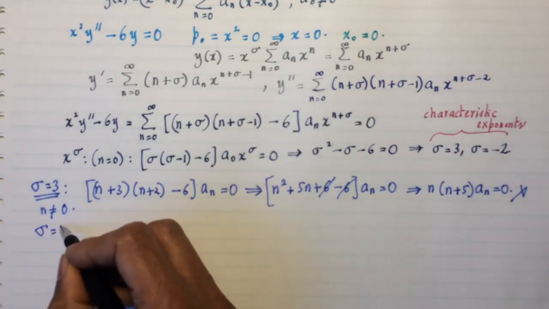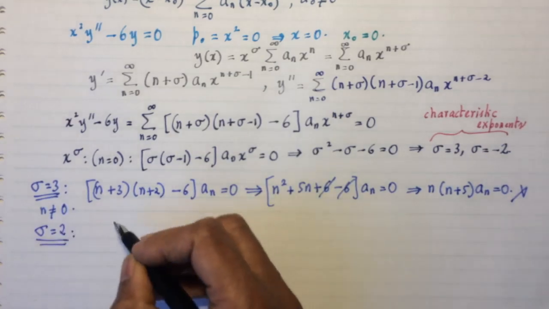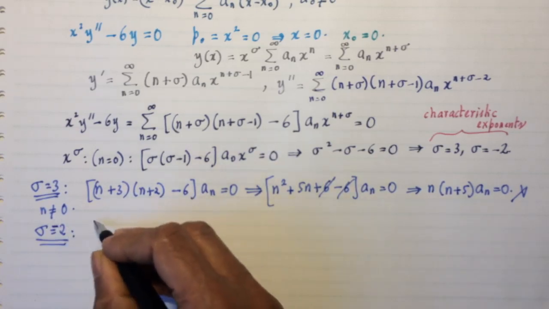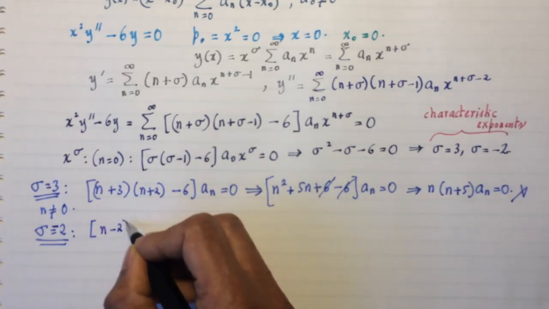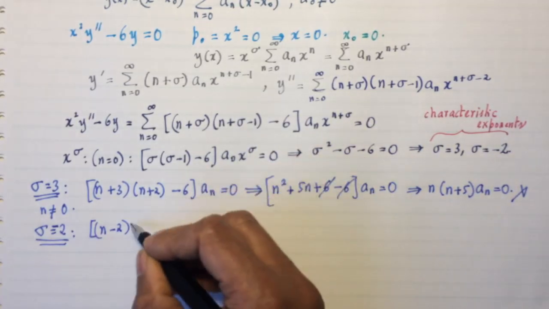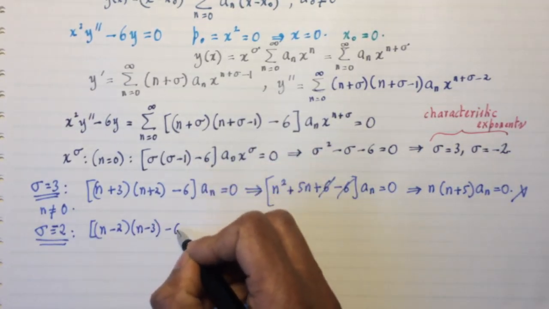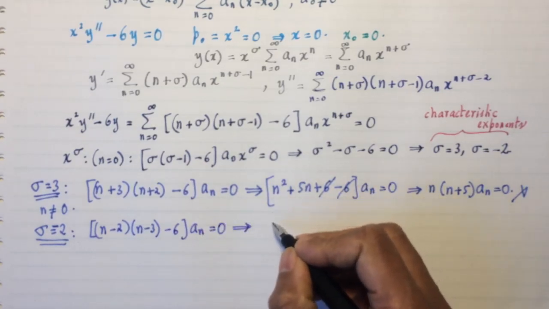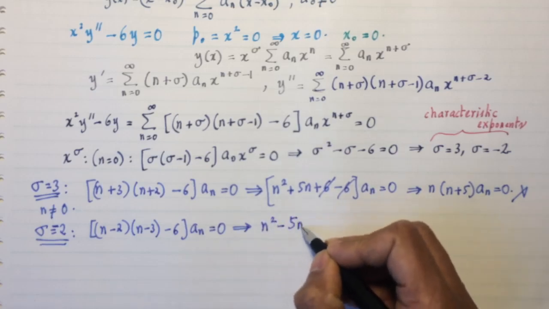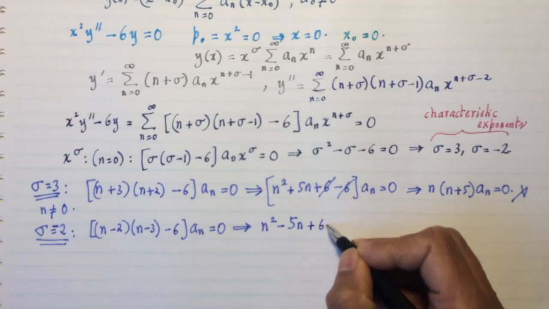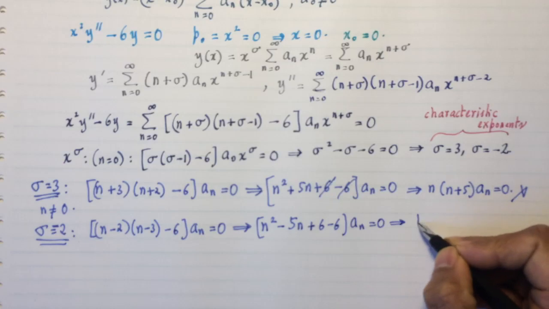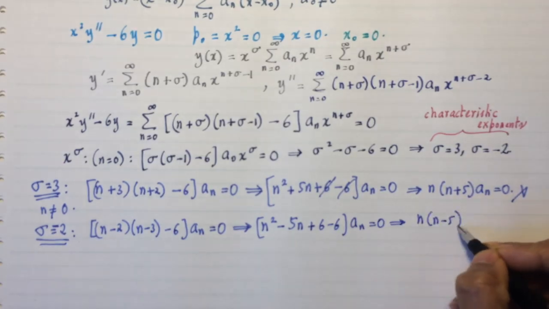Let's look at the other branch, sigma equals minus 2. Then I'm going to end up getting (n minus 2) times (n minus 2 minus 1), which is (n minus 3), minus 6, times an equal to 0, which leads me to the same type of thing: n squared minus 5n, however, plus 6 minus 6, times an equal to 0, and this time you have n times (n minus 5) times an equal to 0.